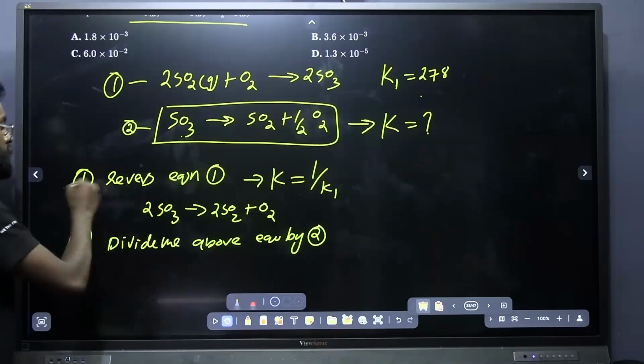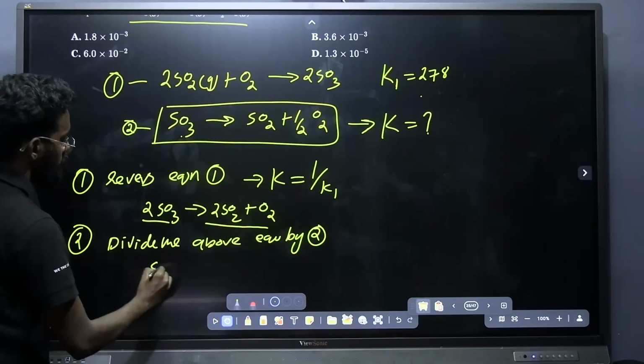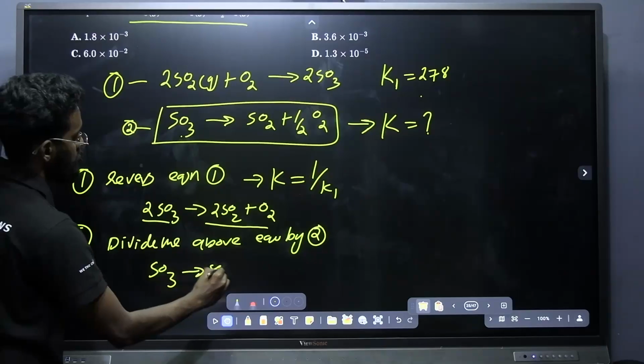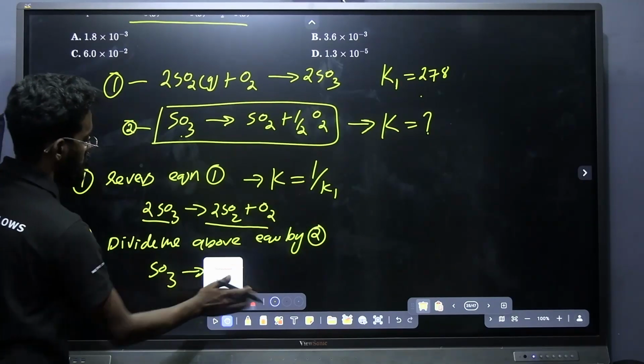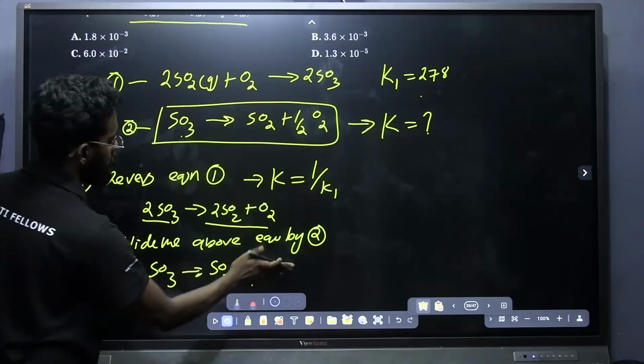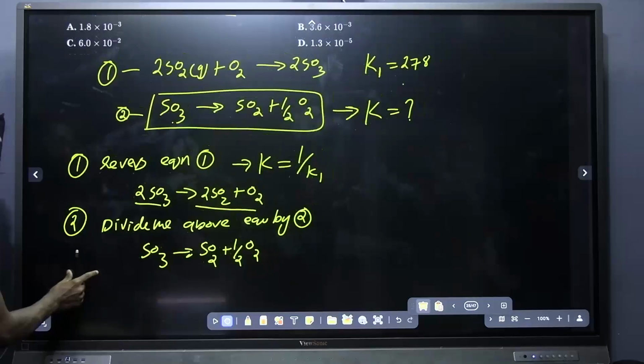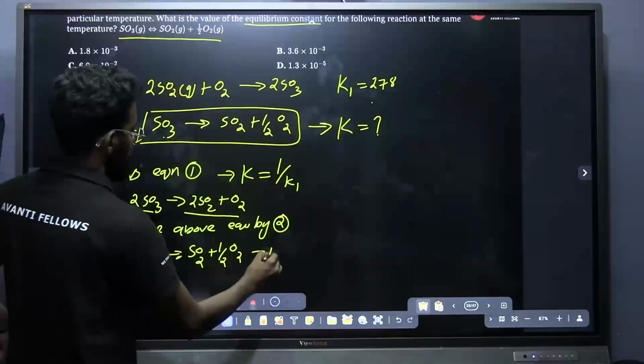If I am dividing this equation by 2, we get SO3 gives SO2 plus half O2. Now after doing these two rearrangements, I got our equation.